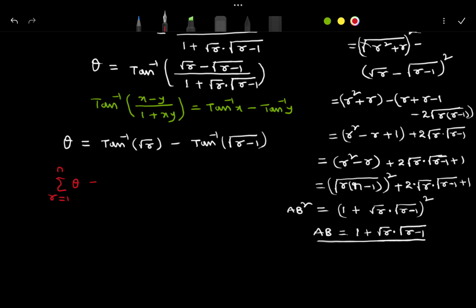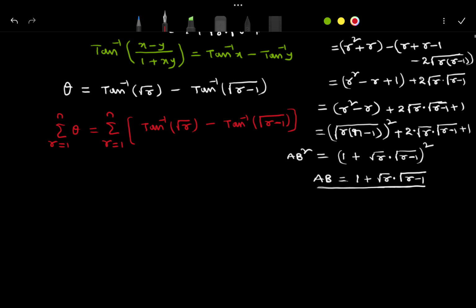So you know the theta value will be sigma r equals 1 to n of tan inverse of root r minus tan inverse of square root of r minus 1. Okay, this is that value.